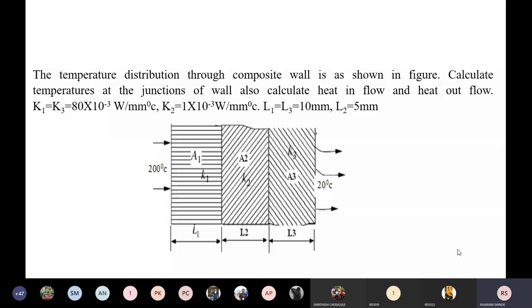You have also write this problem, and I want answers from you. Over. Pandit, is it over?